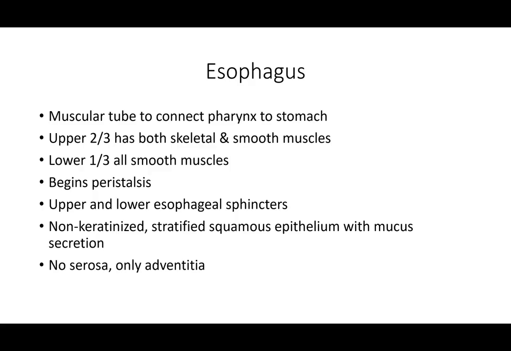The esophagus is the start of that peristalsis movement, so moving that bolus of food from the mouth down to the stomach. And then we have both the upper and lower esophageal sphincters, and it is covered on the inside with non-keratinized stratified squamous epithelium with a lot of mucus secretion, and there is no serosa layer here, it's just that adventitia.